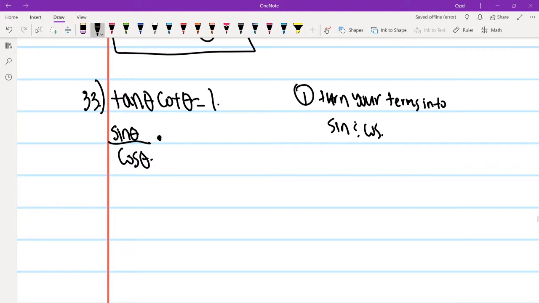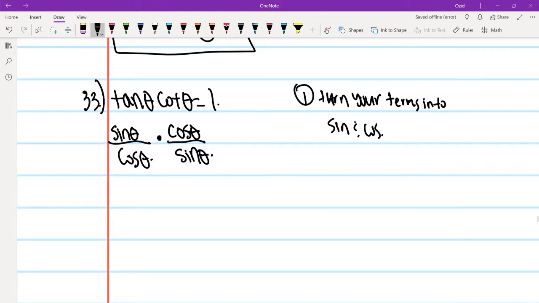And we would turn this part too into cosine of theta over sine of theta, because again, when we went over trig identities earlier in this video, I said that cotangent of theta equals cosine over sine.